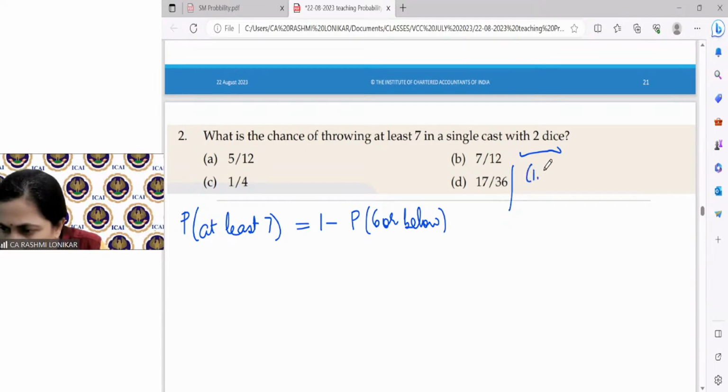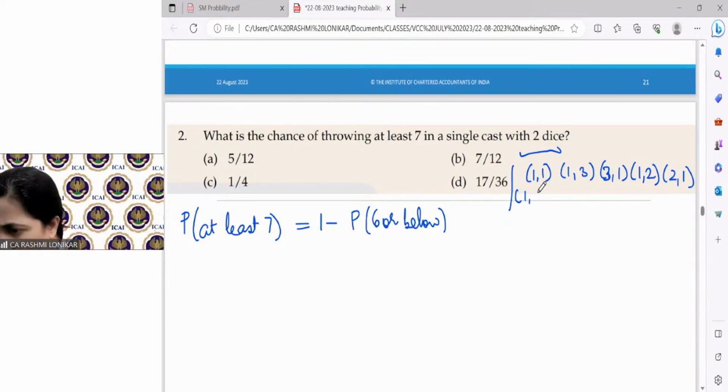It is 1 1, 1 2, 2 1, 1 3, 3 1, 1 4, 4 1, 1 5, 5 1.